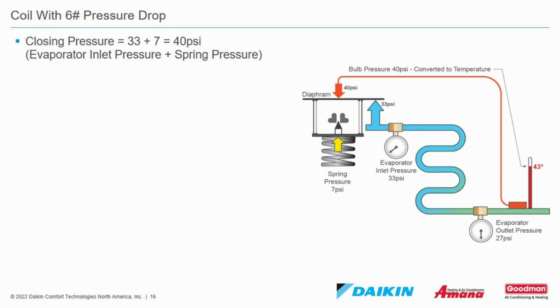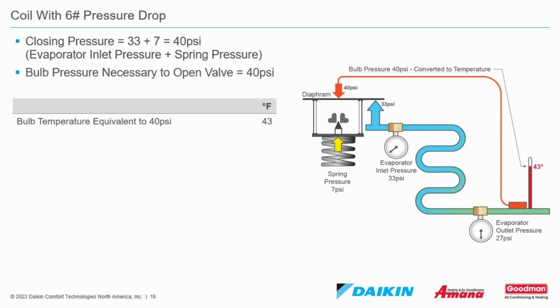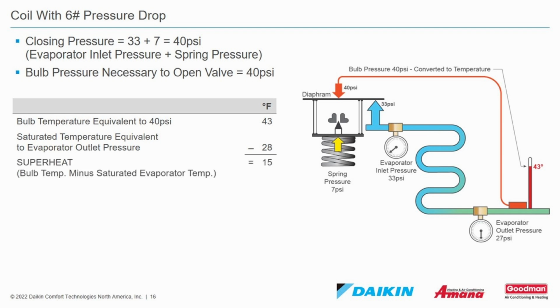Evaporator inlet pressure plus spring pressure. The bulb temperature equivalent to 40 psi is 43 degrees Fahrenheit. Saturated temperature equivalent to the evaporator outlet pressure is 28 degrees. So we subtract the 28 degrees from 43 degrees, which gives us a superheat of 15 degrees.